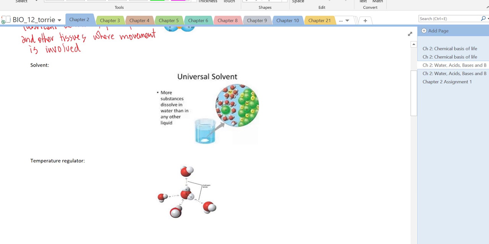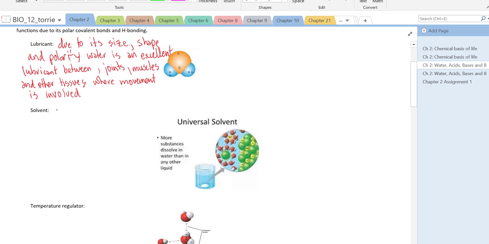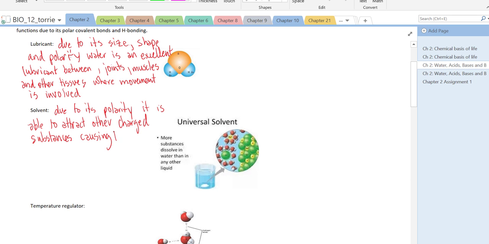Secondly, water is a great solvent, okay? So here, due to its polarity, it is able to attract other charged substances, causing them to separate.